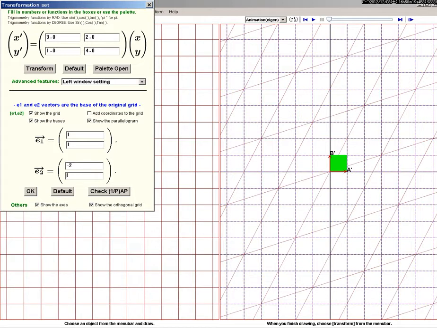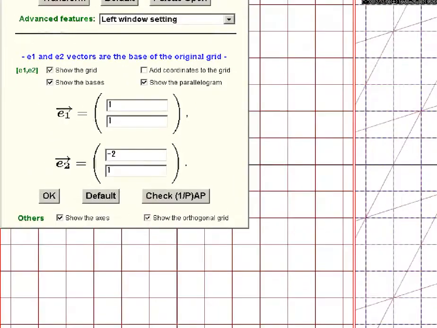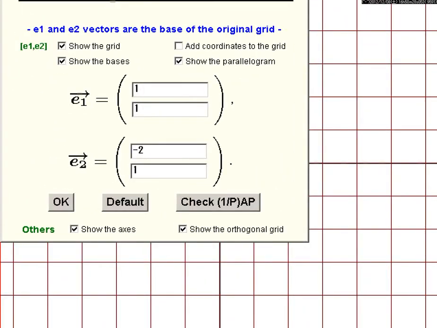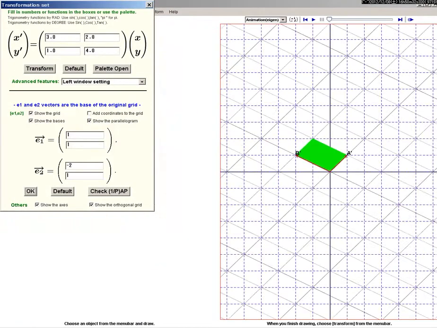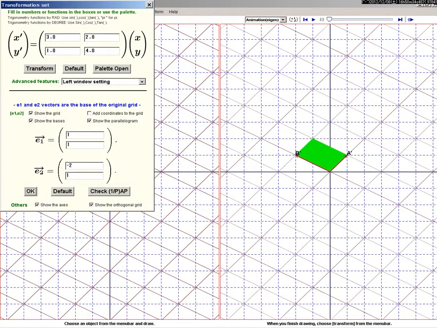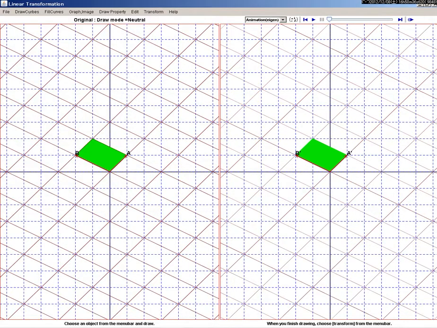I'm going to change the vector E2 from (2,-1) to (-2,1). (-2,1) is also an eigenvector. And press OK. So now the base is (1,1) and (-2,1).